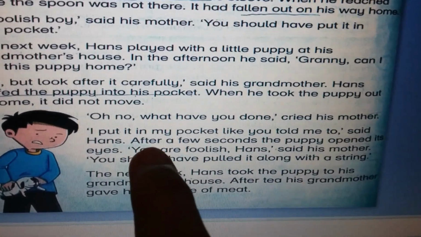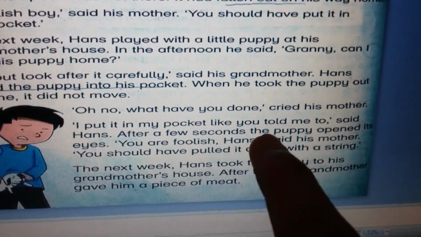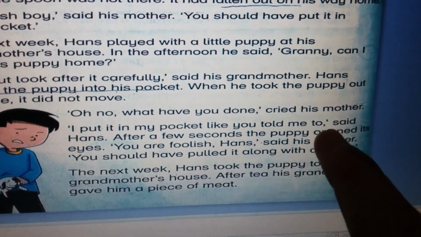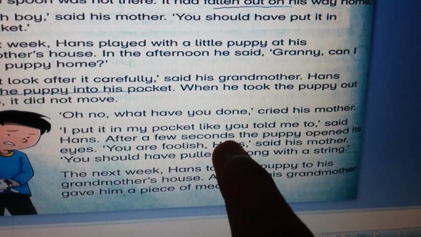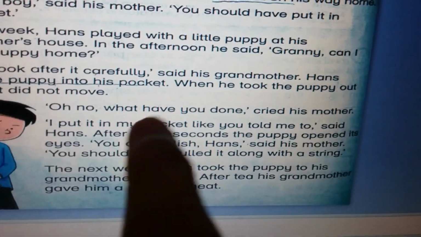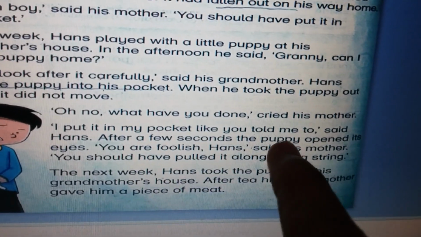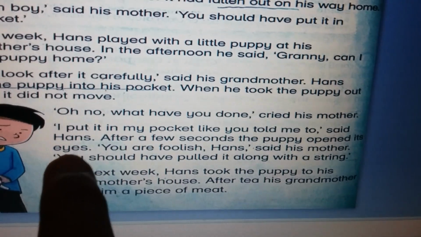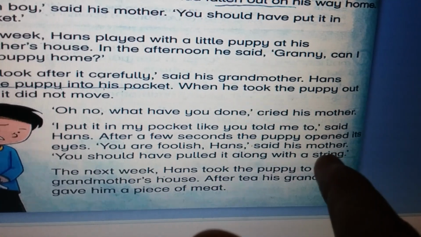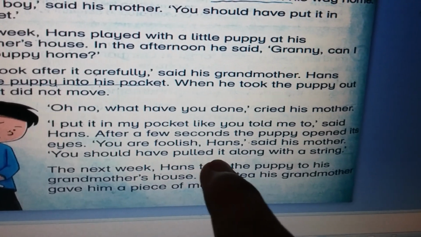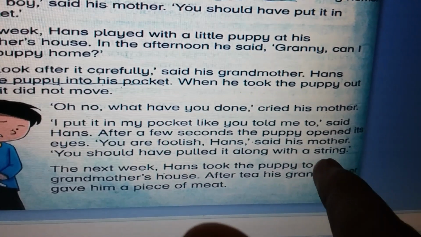I put it in my pocket like you told me to, said Hans. After a few seconds, the puppy opened its eyes. You are foolish, Hans, said the mother. You should have pulled it along with a string.